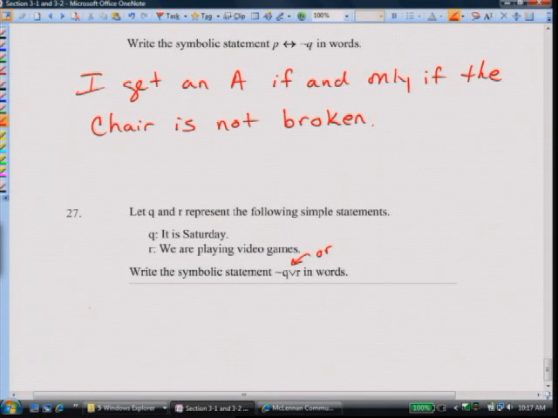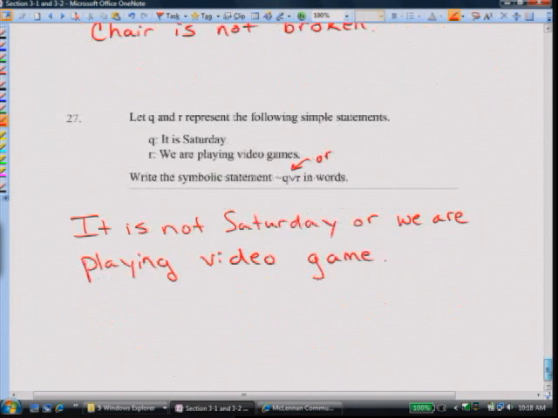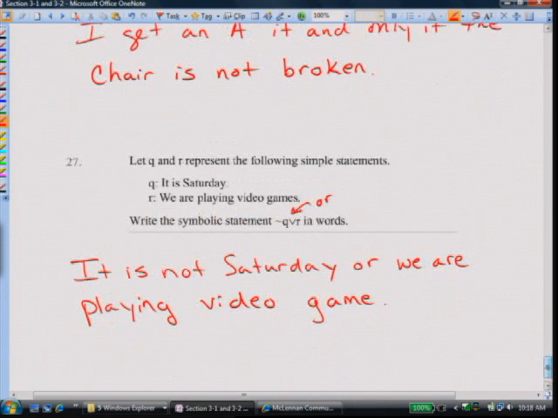Okay, so it is not Saturday, or we are playing video games. It doesn't have to make sense. You're just practicing taking statements and negating them and joining them and such. Okay, so that's it.